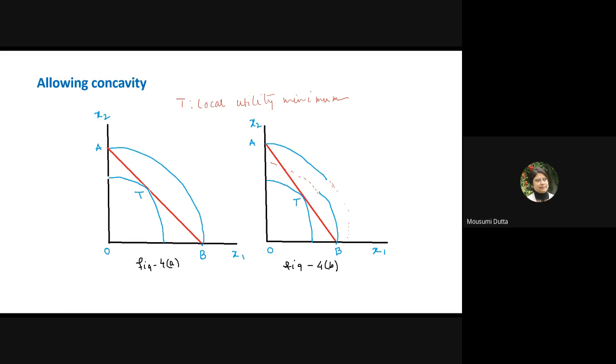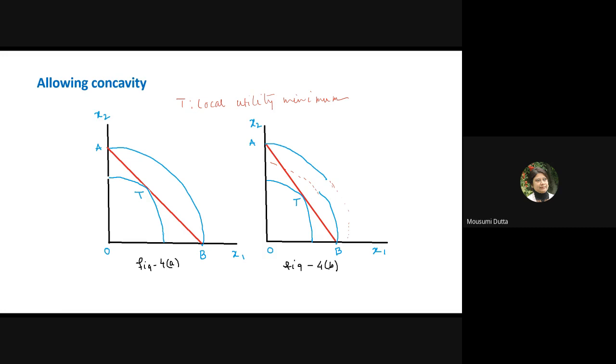Now the question is how, in reality, we will capture consumption using concave indifference curves. Linear we understood, because if the commodities are perfect substitutes, the indifference curve will be linear. Now I am saying the indifference curve is concave to the origin in the entire map.